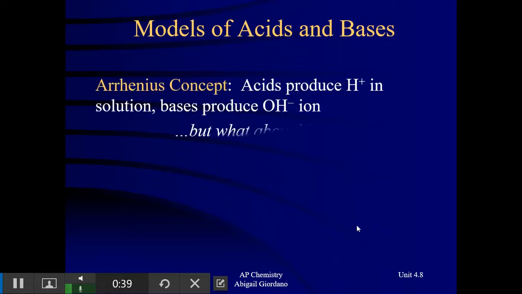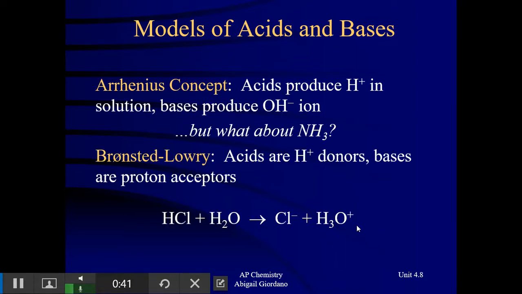So just to review with you, we've actually already seen this slide before, but I just want to review with you a little bit of vocabulary about what a Bronsted-Lowry acid is, what a Bronsted-Lowry base is. Remember that a Bronsted-Lowry acid is a compound that gives away or donates its hydrogen ion.